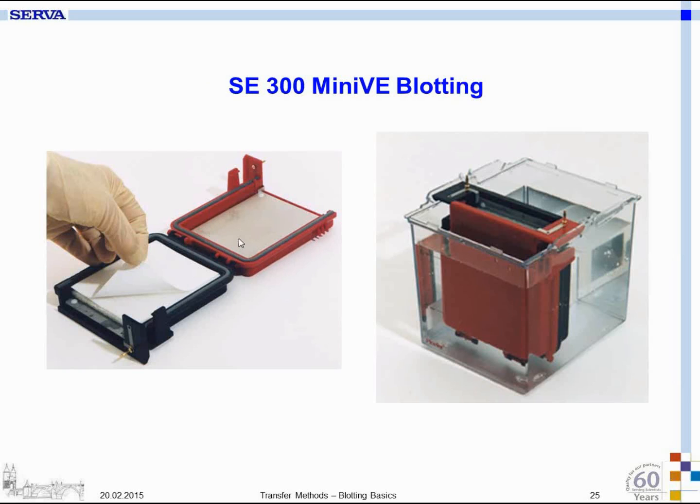This is the cassette where you set up the semi-dry blot, and then you insert it into the tank. This tank is the tank of an electrophoresis chamber, which can be used for the separation, and then you can also perform blotting in the same chamber. And here you put water in, where you have a heat sink to remove Joule heat, at least partly, from the blot sandwich.